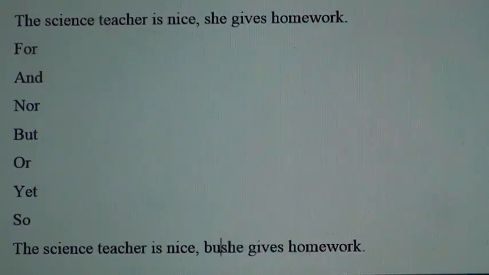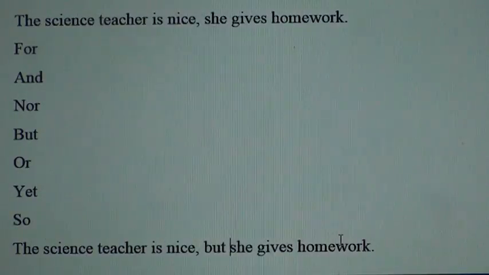It shows that there's a positive side to something and also a negative side. The science teacher is nice is the positive side. She gives homework is the negative side. So I would use "but." So our sentence would now be, the science teacher is nice, but she gives homework. Now we've solved our run-on sentence.